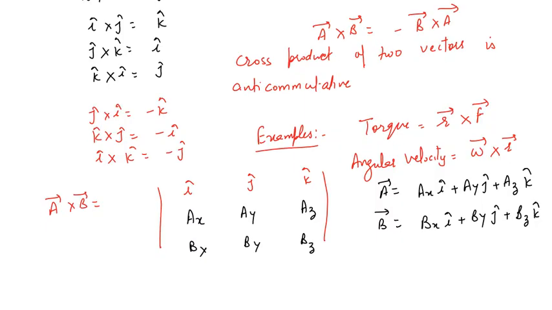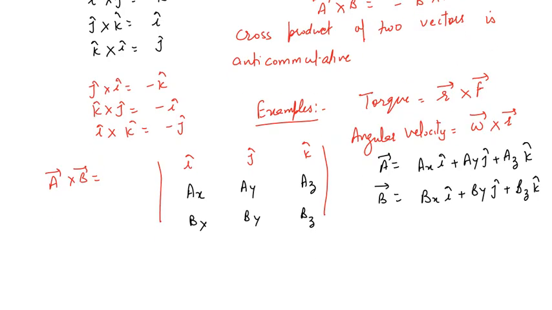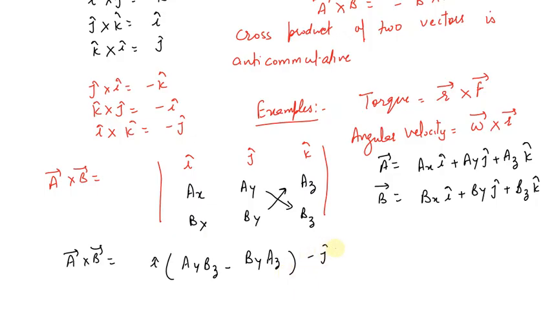Now when you solve this, we get the vector product A cross B is equal to I, first we do this hand, then this hand, (ay bz minus by az), minus j (ax bz minus bx az), plus (ax by minus bx ay) k.